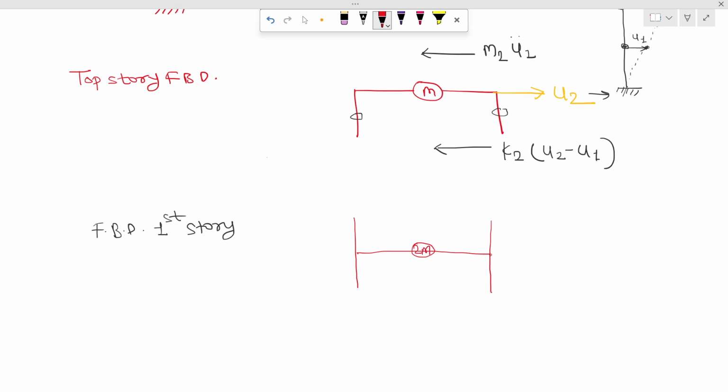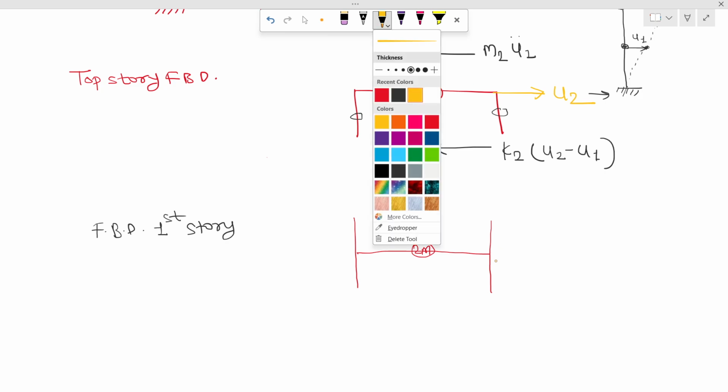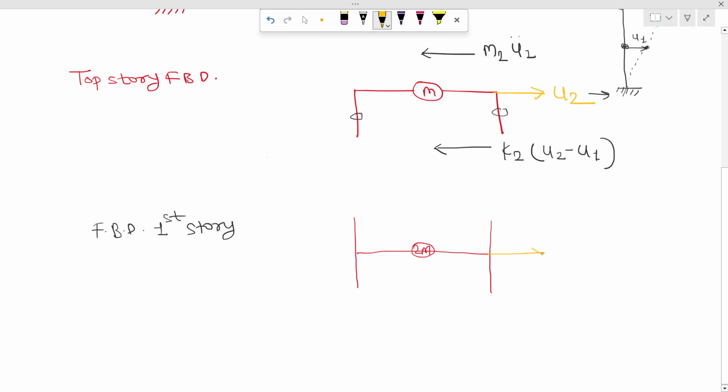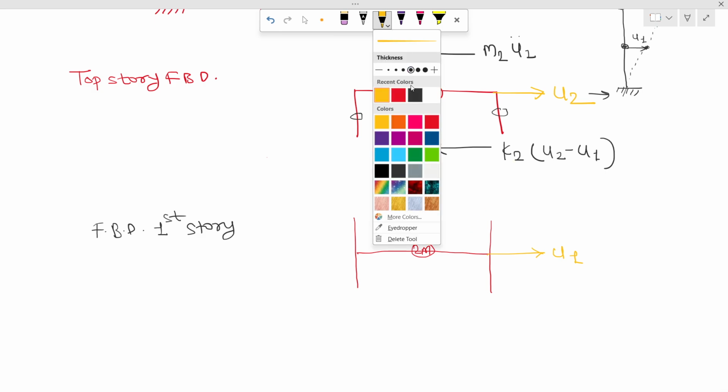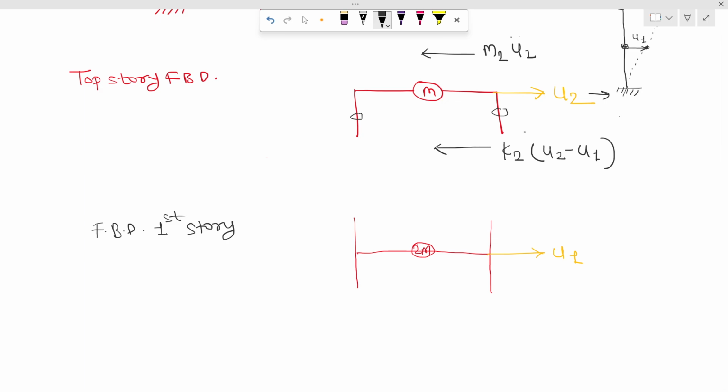Okay, the displacement here is U1. Now as per the D'Alembert principle, mass times acceleration. So I can write M1. As you know, this mass we have denoted as M1 and U1 double dot for acceleration.